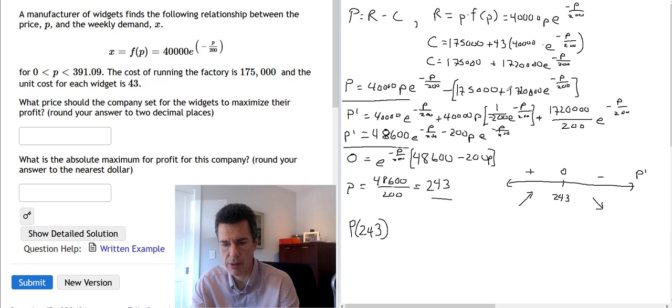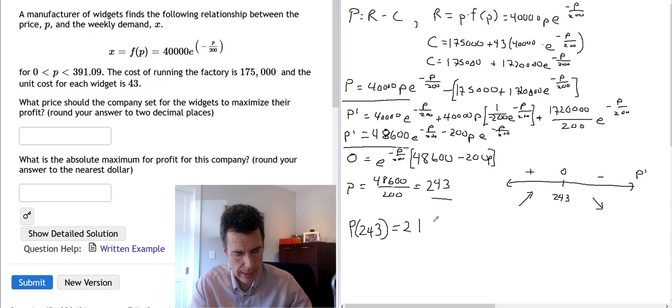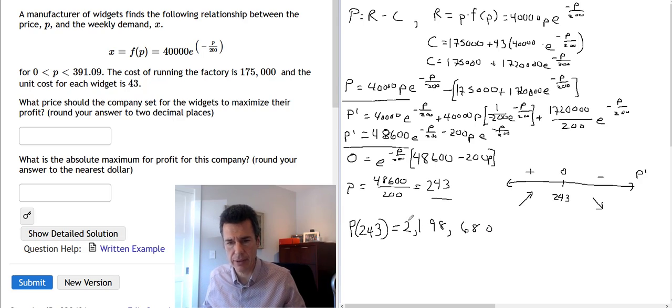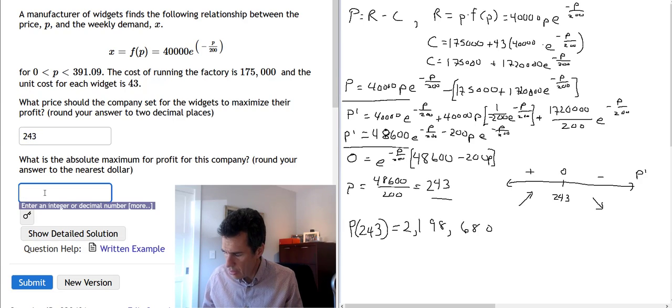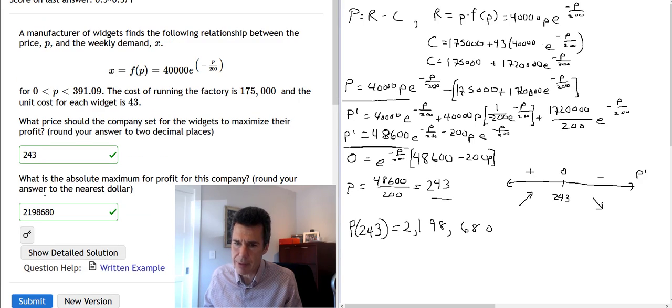I get 2,198,680. Let's check: 2,198,680. Got the right answer. Okay, so that's how we solve this problem.